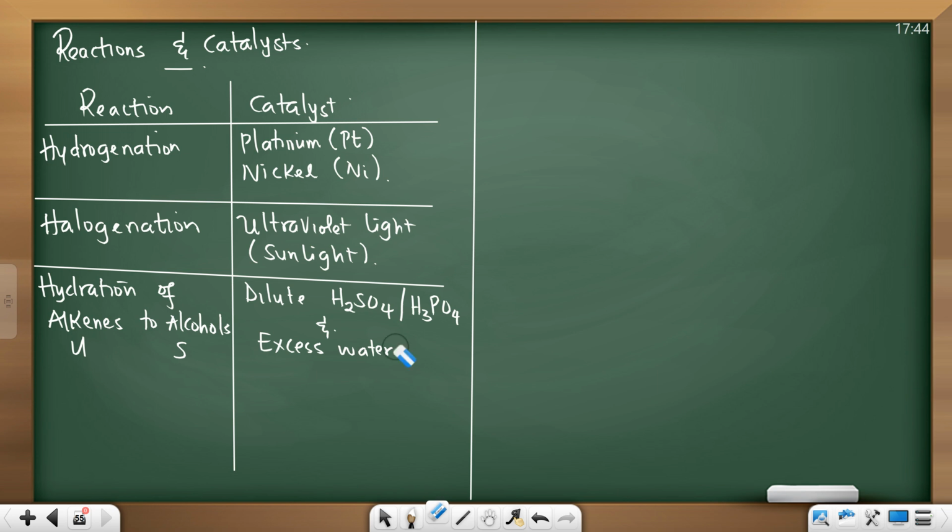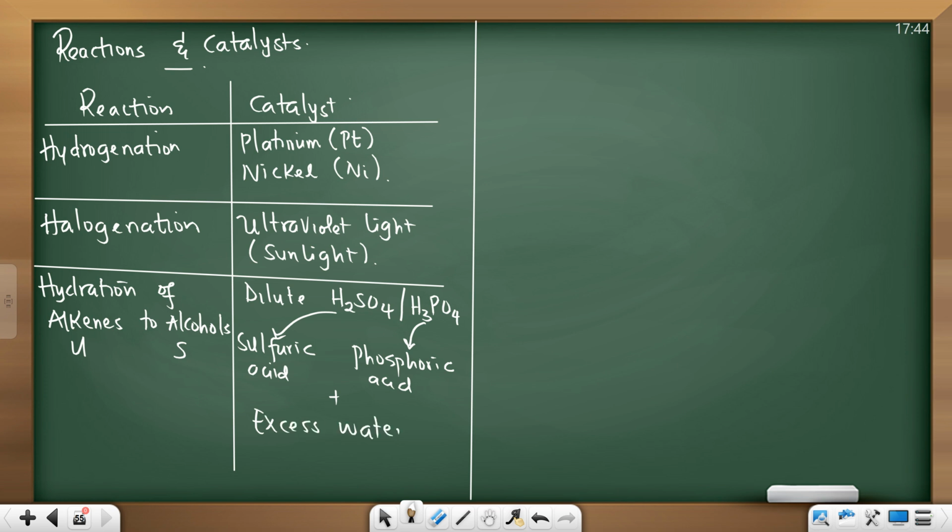Let me write the names of these acids because some of us might not know what they mean. This is sulfuric acid. Some of you use F, I think the new name is F. Sulfuric acid and phosphoric acid, plus excess water. Where is the water coming from? Remember, we are saying hydration. We are adding water. Excess water.